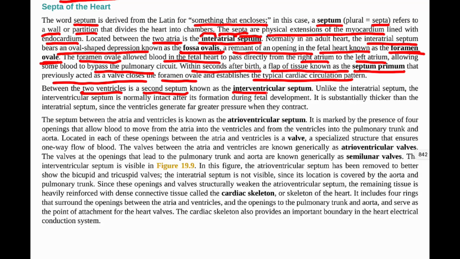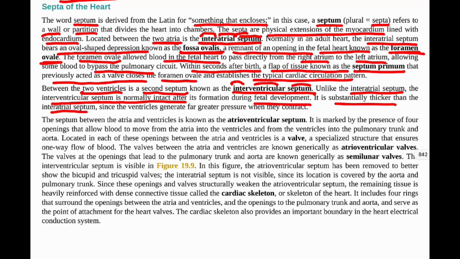Unlike the interatrial septum, the interventricular septum is normally intact after its formation during fetal development. So we don't have any holes between the ventricles in development. It is substantially thicker than the interatrial septum since the ventricles generate far greater pressure when they contract. Our atria, when they contract, are just trying to push the blood down into the ventricles.